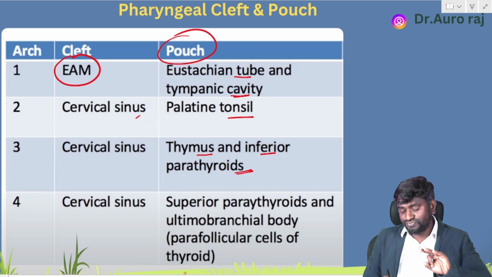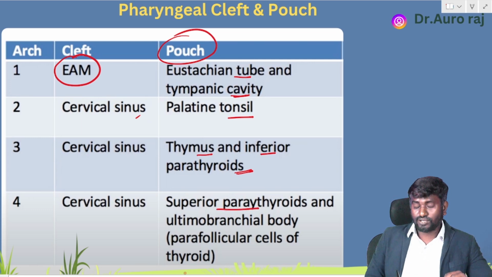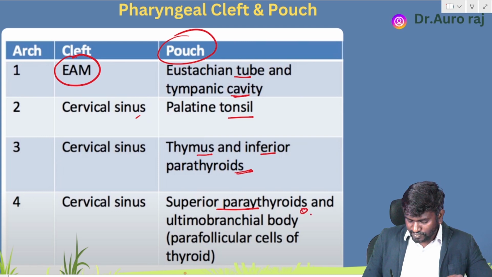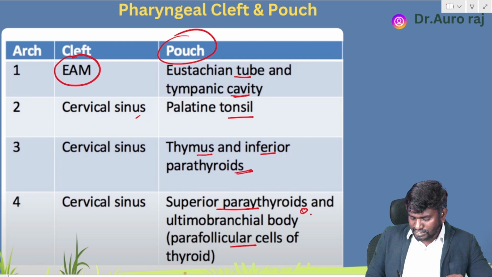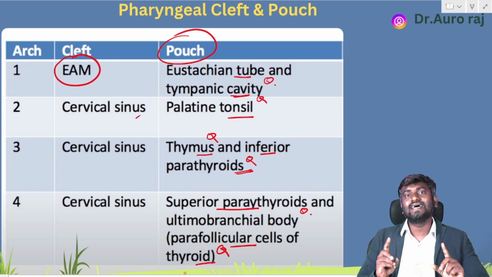Remember, third one, inferior parathyroid, whereas the fourth one gives rise to the superior parathyroids and also the ultimobranchial body. It gives the parafollicular cells of the thyroid. These are all very, very important questions which are being framed in the exam, so please remember them.